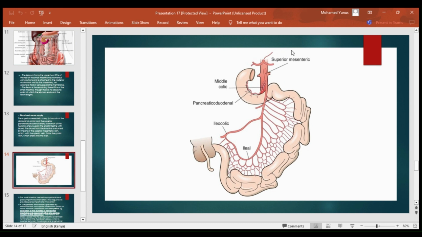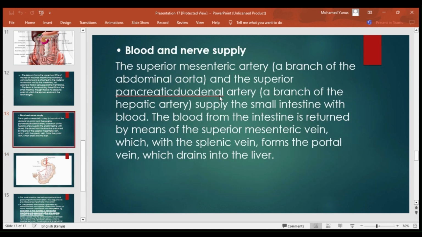This is the blood supply of the small intestine, and you can see very well how it supplies the small intestine. Then we also find that the blood from the intestine returns by means of the superior mesenteric vein, which with the splenic vein forms the portal vein, which drains into the liver. That's the venous return from the small intestine.